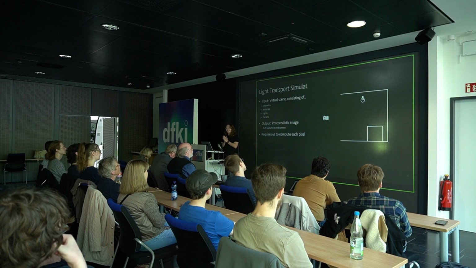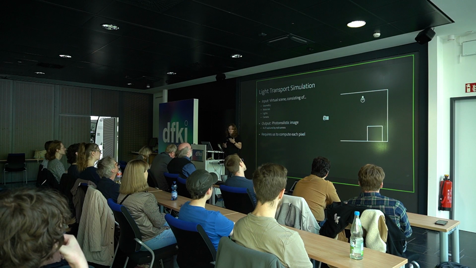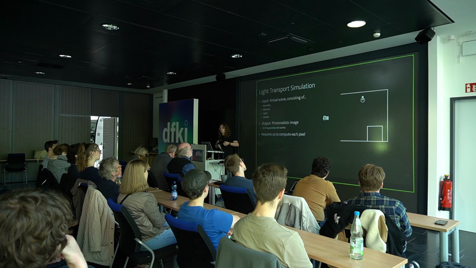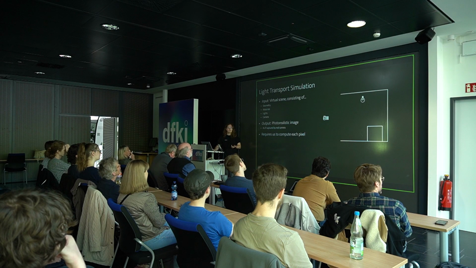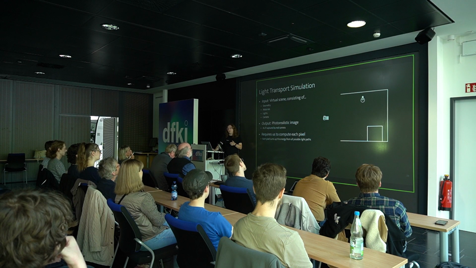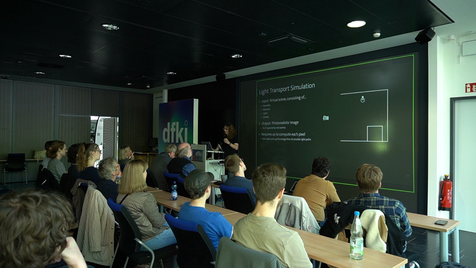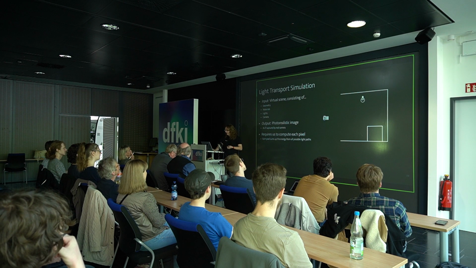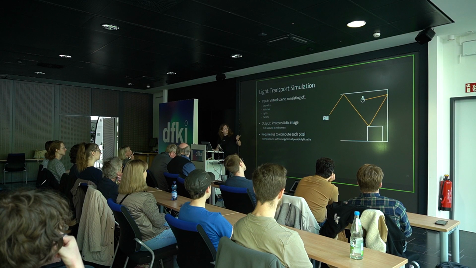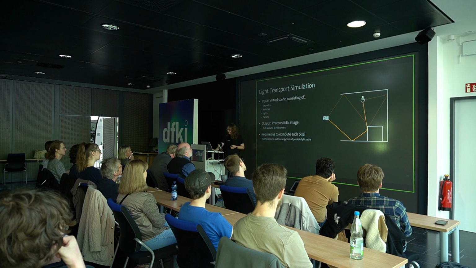This problem is known as light transport simulation, where transport is just a fancy term that describes both the propagation of light as well as how it interacts with objects. To compute our pixels, we just need to find and evaluate all the possible paths that light could take throughout our scene. Like this one, for instance, or this one. Really just all of these.